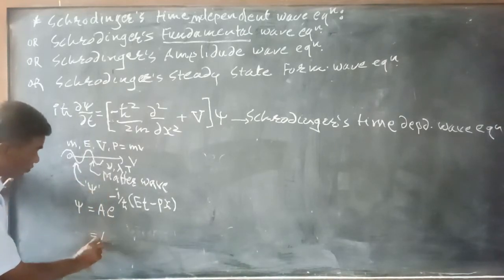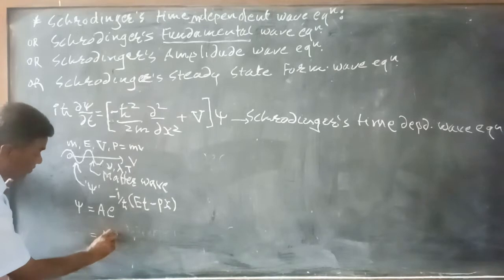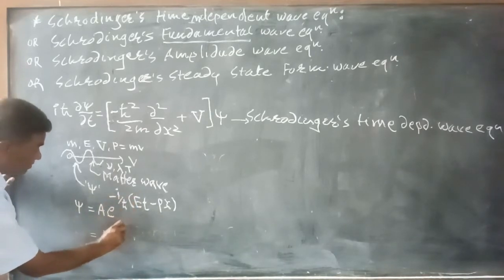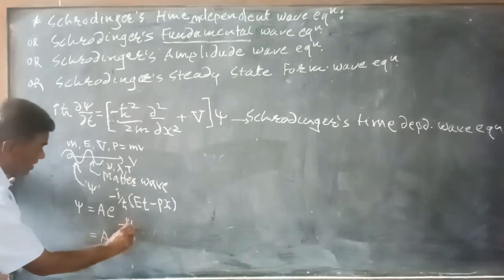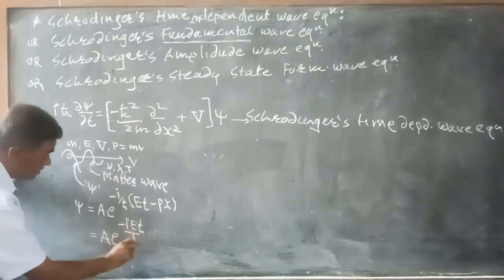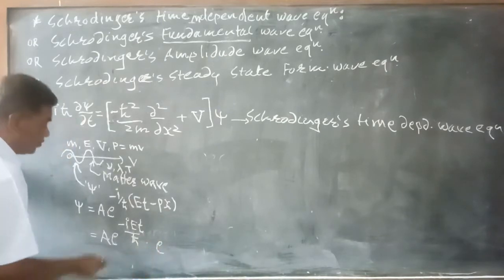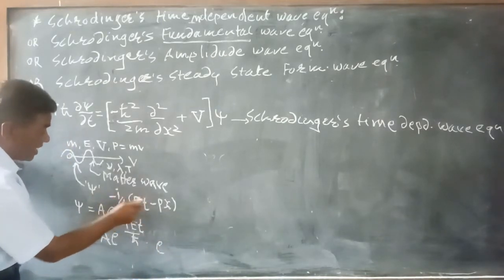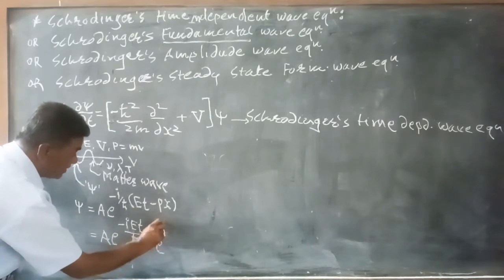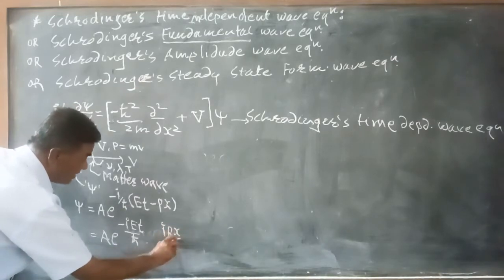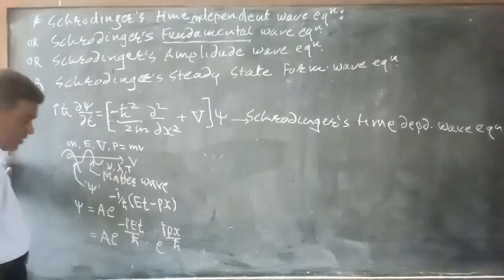So that will be equal to A into e to the power minus iEt divided by h cut, into e to the power, introducing this to this side, minus becomes plus, ipx divided by h cut. So we are getting this equation here.